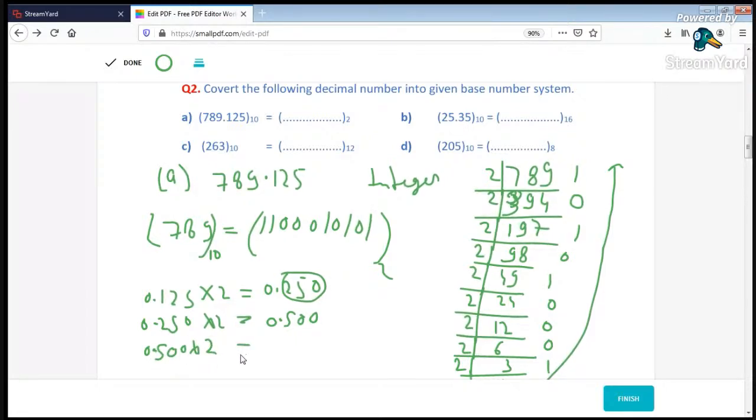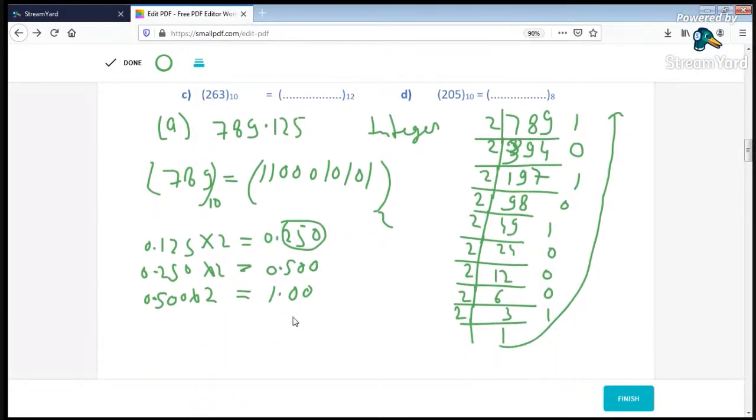Now the final result is 1.00. So this is final. After the decimal point, all the digits become 0, so now we stop the iteration process.